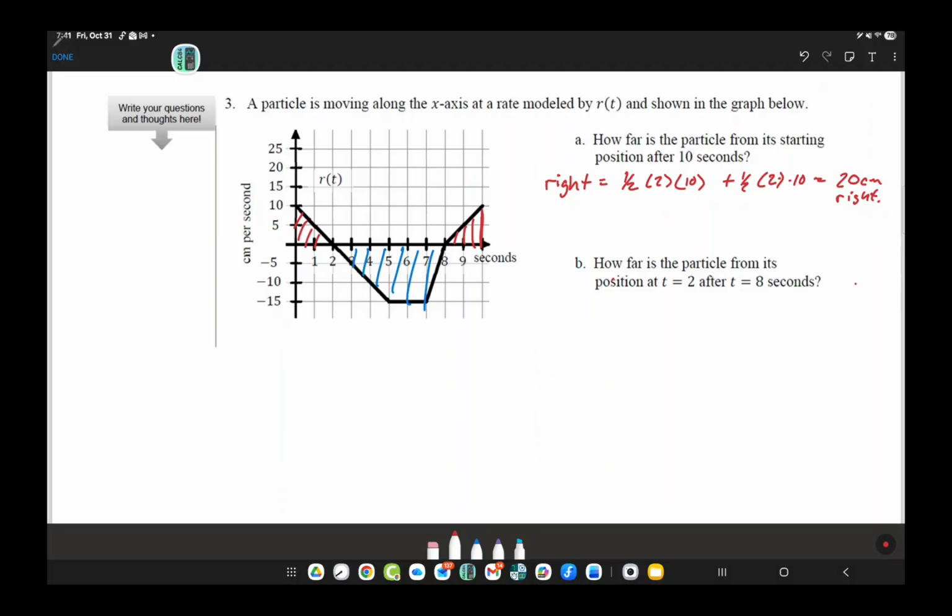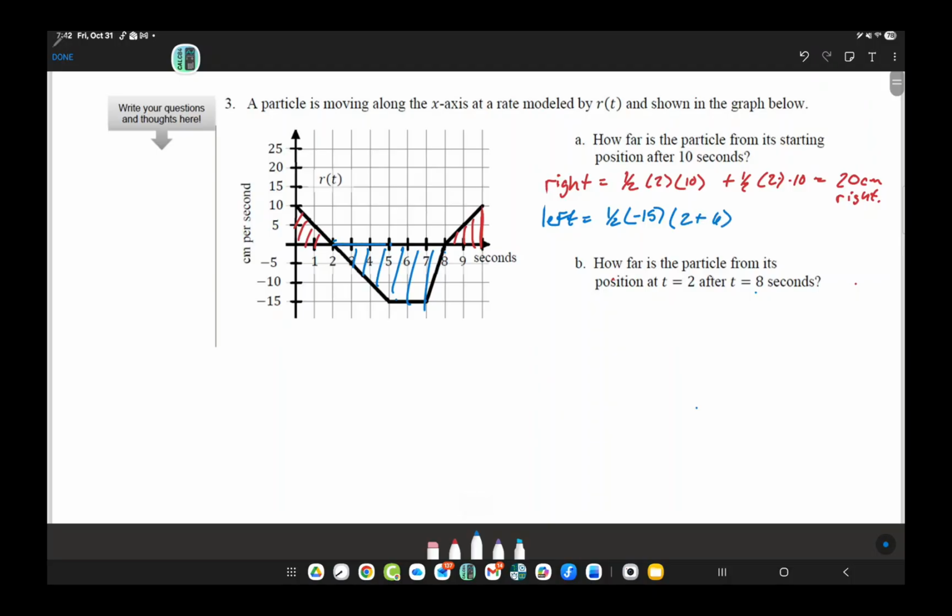Total. To the left, now again, if you want, you can break that into 3 different shapes, but I'm just going to use the fact that this is a trapezoid and the rule for a trapezoid. So left is 1/2 the height, which is negative 15, times the sum of the bases, which is 2 and 6.